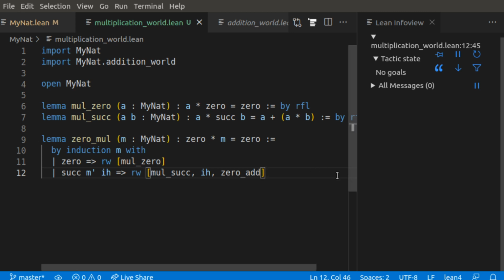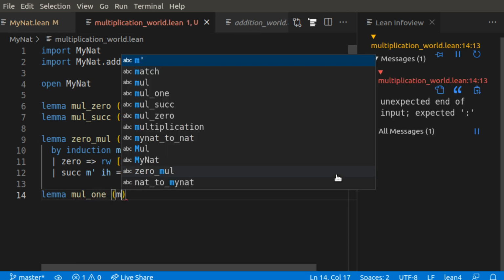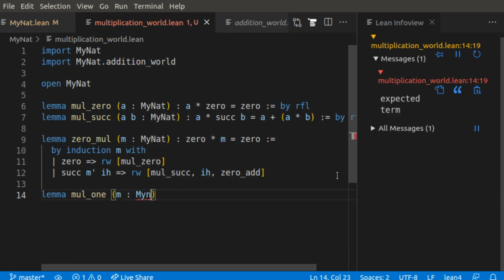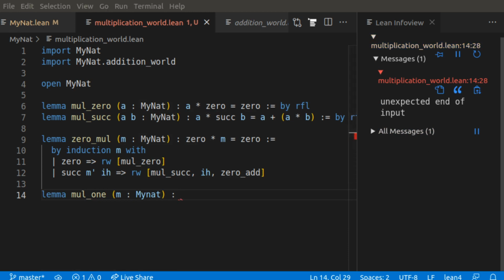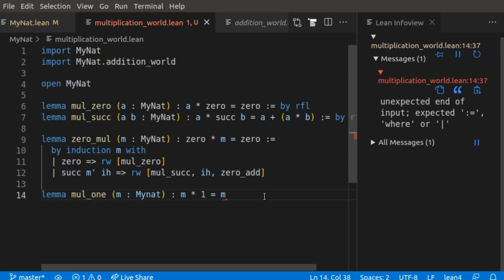Now let's move on to mul 1. As the name suggests, we're going to be multiplying one by m. Mul by 1. Okay. m times 1 equals m.